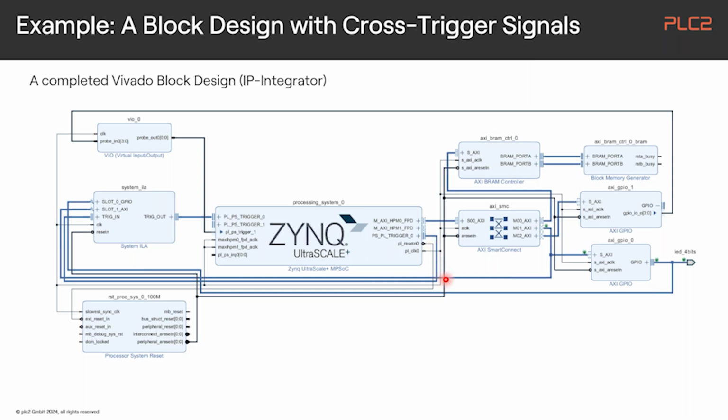And from the processor side, we have cross-trigger signals, in this case connected to the ILA core. And this means that capturing can be started from a trigger which was released from the processing system.